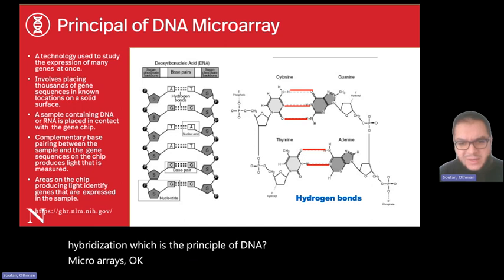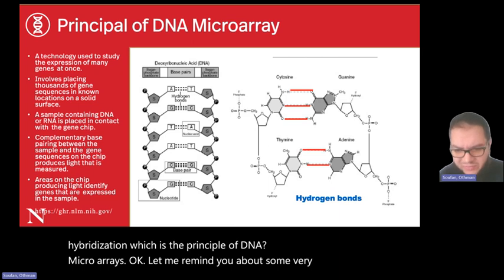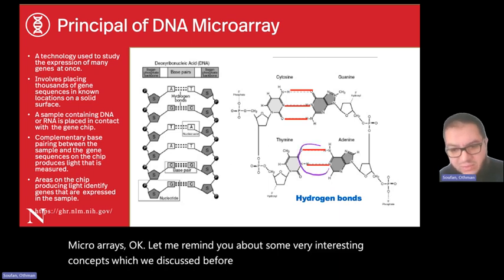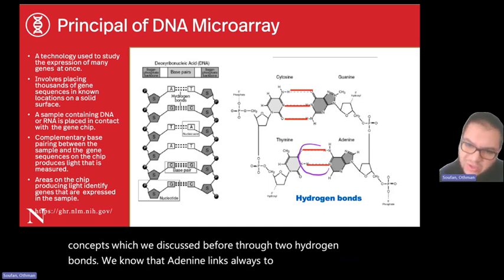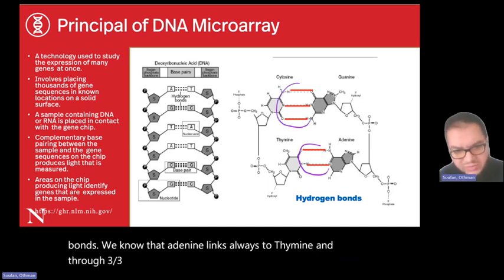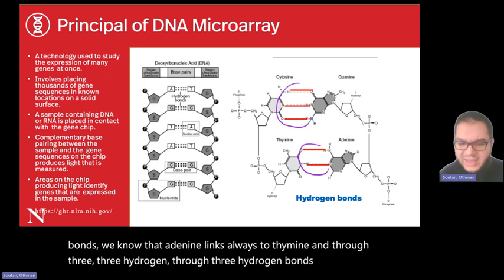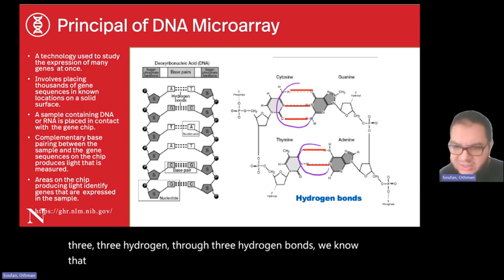Let me remind you about some very interesting concepts which we discussed before. Through two hydrogen bonds, we know that adenine always links to thymine. And through three hydrogen bonds, we know that cytosine always binds to guanine.